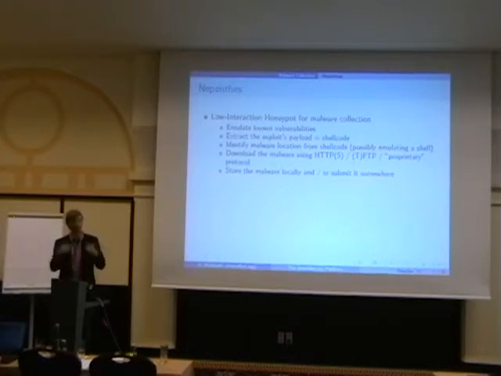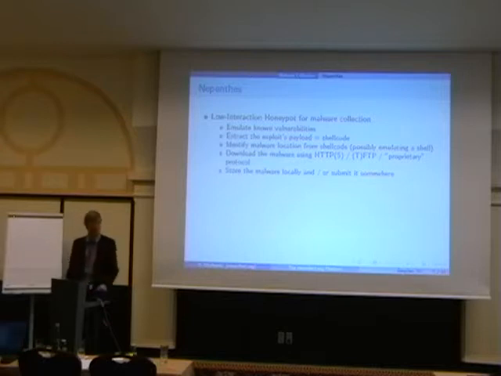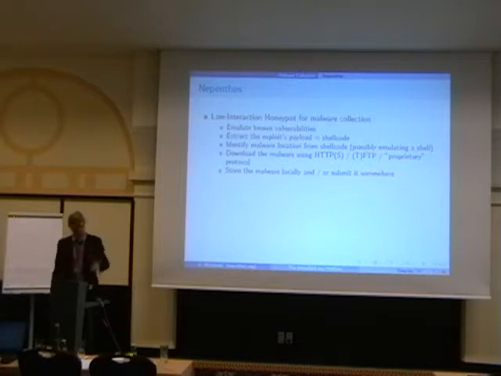Then we, of course, get an exploit from the malware with a payload like shellcode. So we analyze the shellcode, and then just download the malware from the infecting host via HTTP, TFTP, whatever the malware uses to propagate. And then we just store it on the hard disk or submit it into the database or whatever.